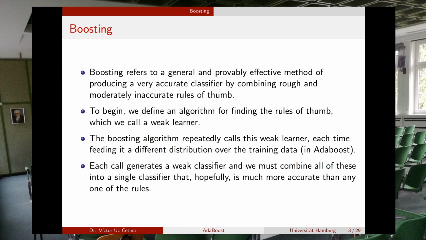So each call generates a weak classifier, and we have to combine all these into a single strong classifier. Okay, and we do this with the hope that this strong classifier will be much more accurate than each of our single weak learners.